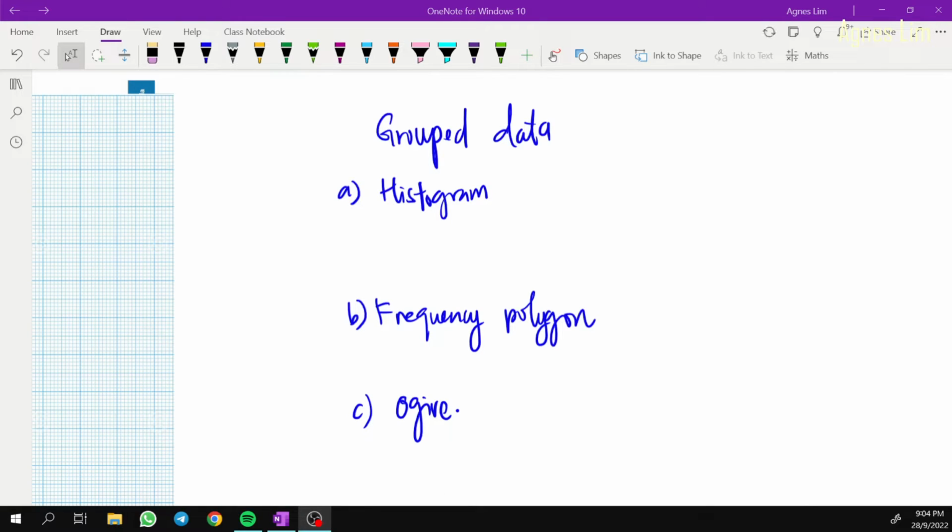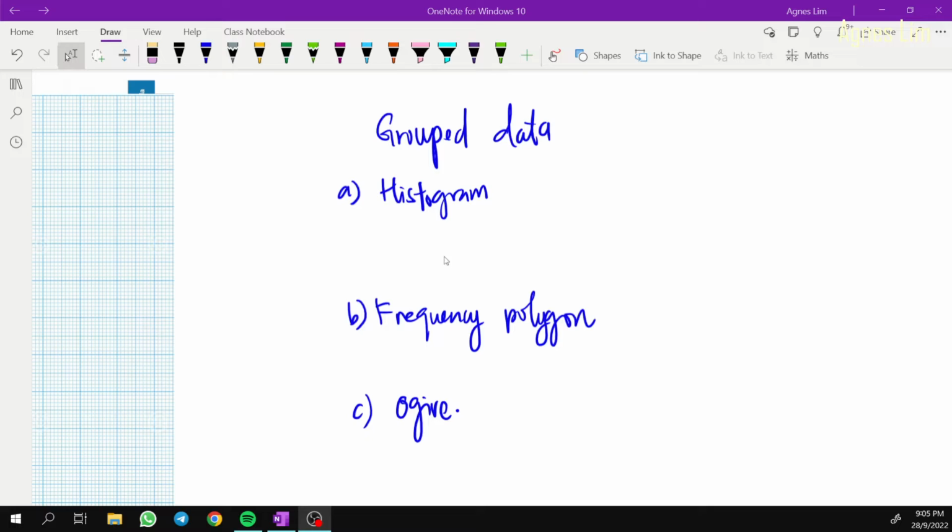Alright, class. So previously we already learned that group data consists of histogram, frequency polygons, and ogive. Okay, so we already learned that we can draw a table with lower limit, upper limit, midpoint, lower boundary, and upper boundary.